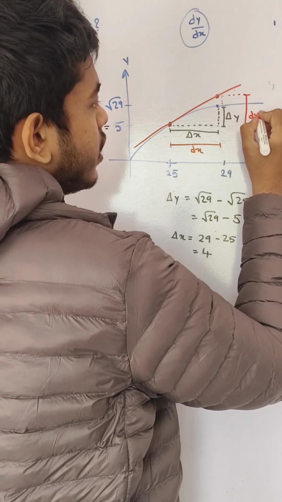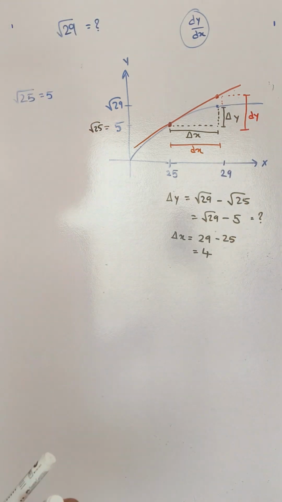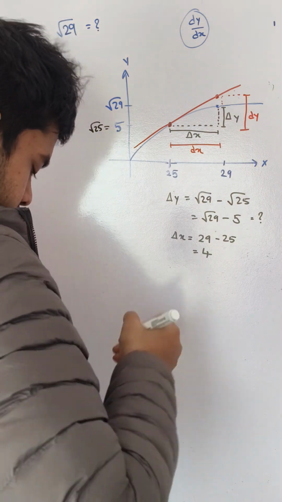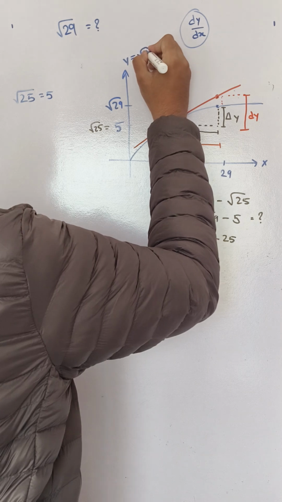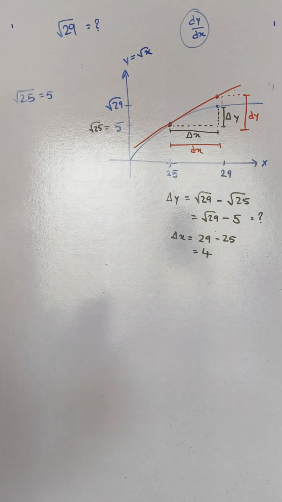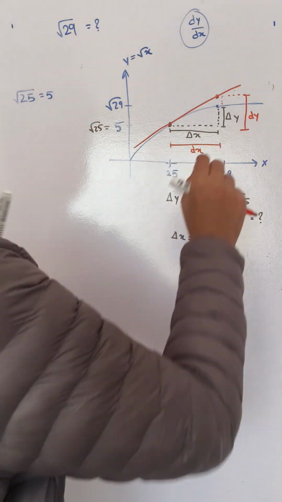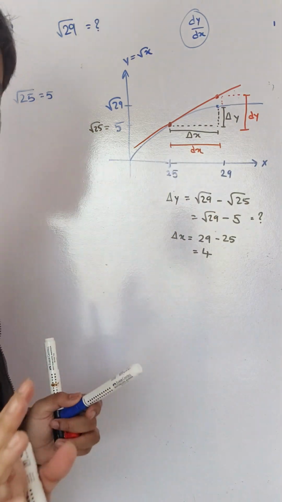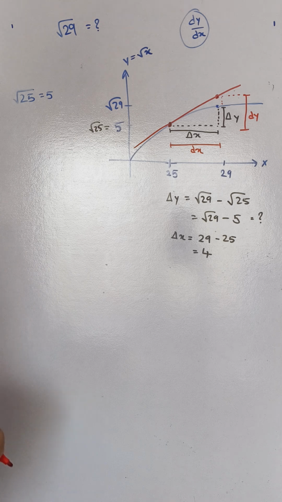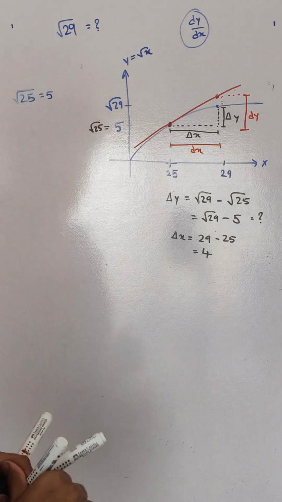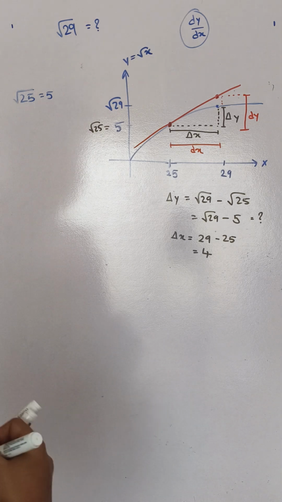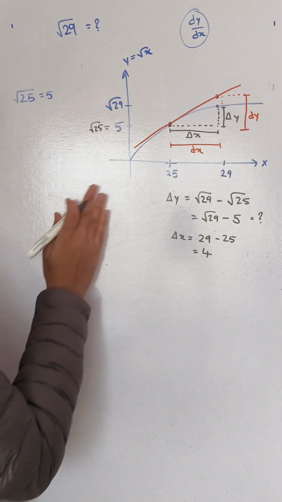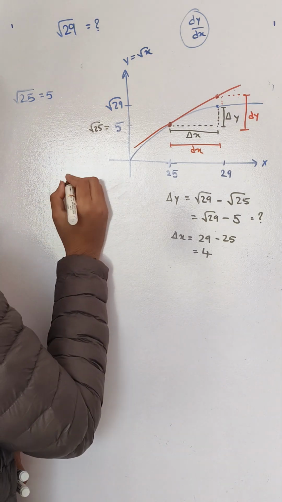this is the del y. This is the del x, but see, del y and dy are different, but del x and dx are the same. So let's calculate the dy.